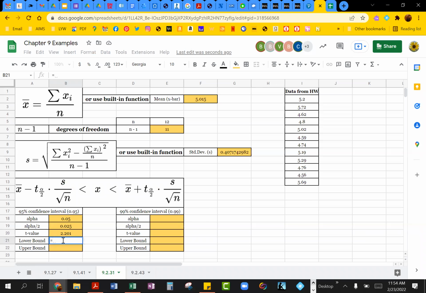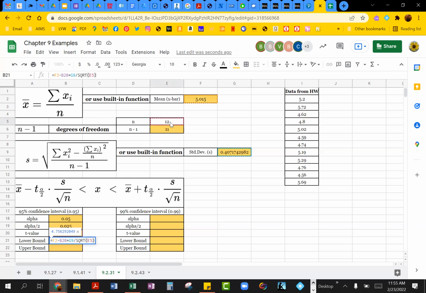So again, I'm just going to type in our formula here. You can see the first part says X bar, that's our mean, minus t-value, so that's going to be the 2.201, multiplied by S, which is your standard deviation, which we just calculated over here, divided by the square root of n. So again, our square root function, SQRT, square root of n. And remember, your n is the 12.